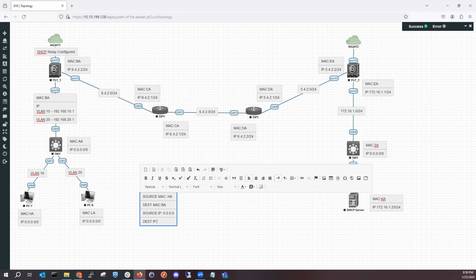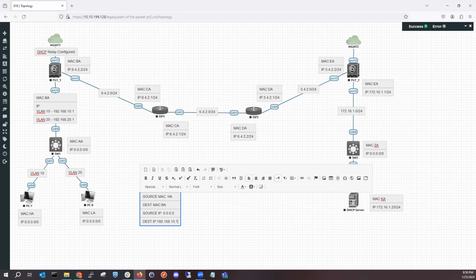Destination IP. The destination IP now should be 192.168.10.1.